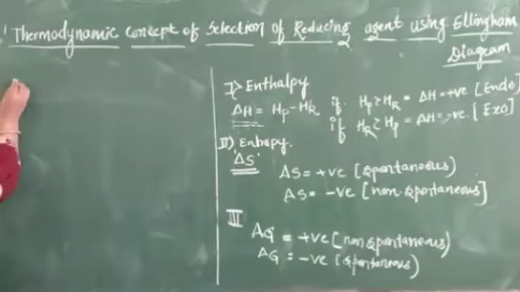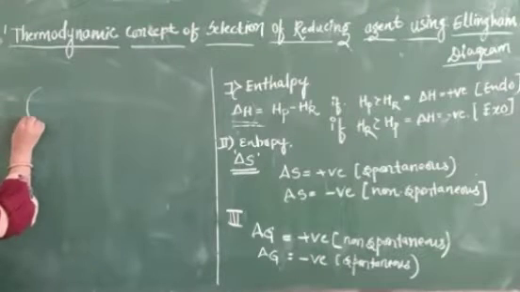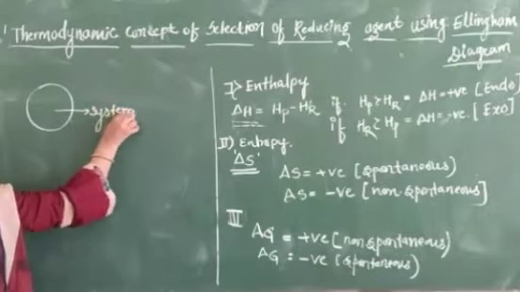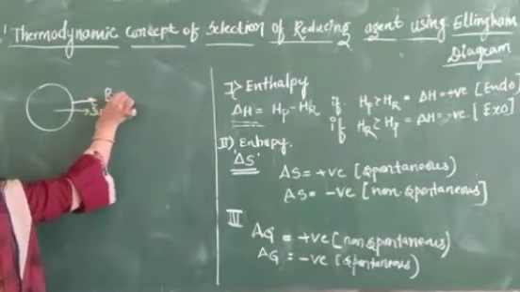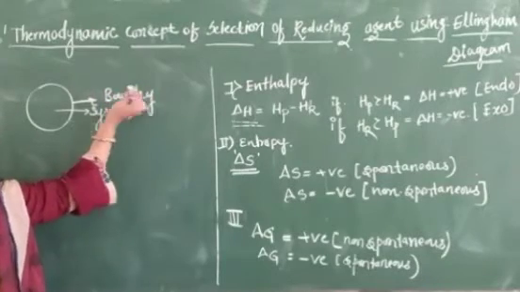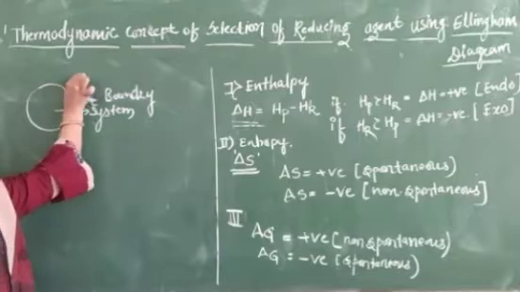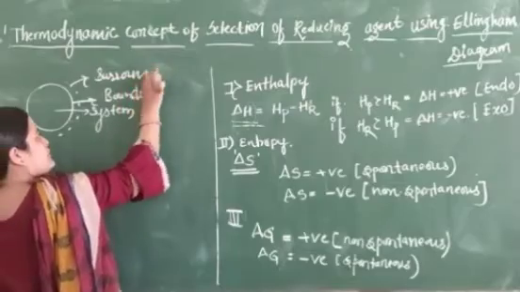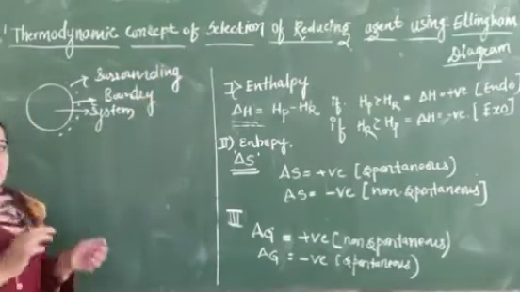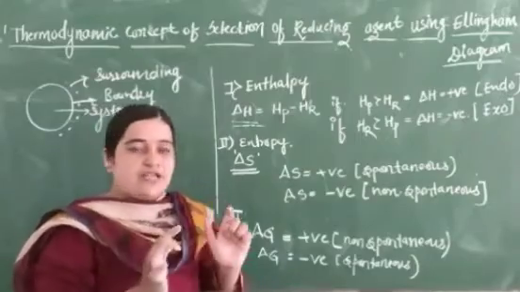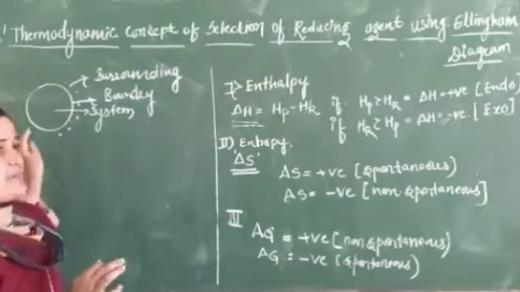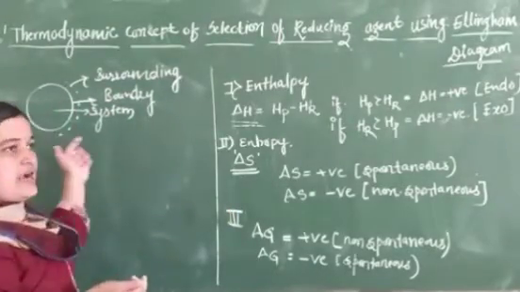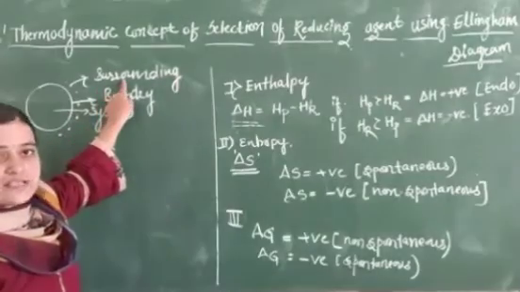In the universe, a particular area under thermodynamic study is called the system, separated by an imaginary line that we call the boundary. The remaining part of the universe, except the system, is called the surrounding.